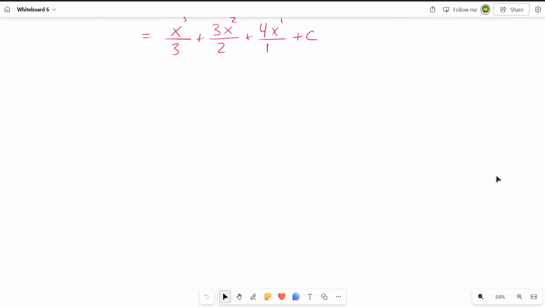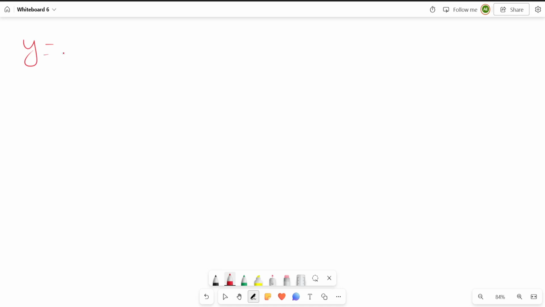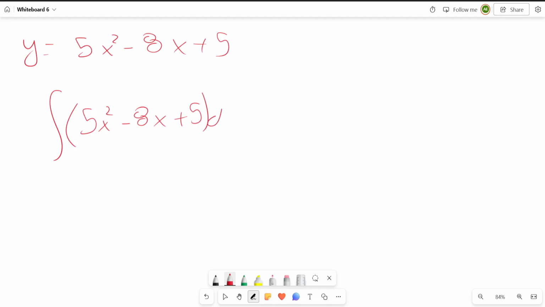All right, so let's say we have a function, y is equal to 5x squared minus 8x plus 5, and we want to integrate that. So the integration is going to be the integration of 5x squared minus 8x plus 5 dx.